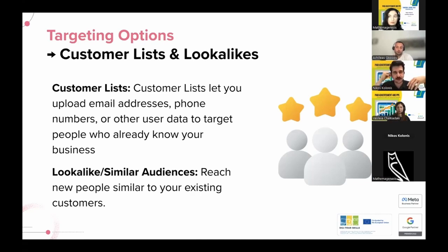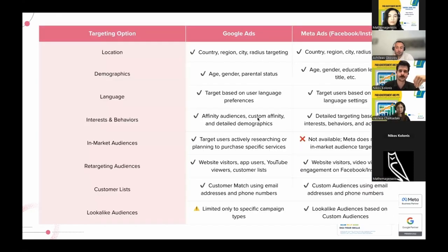And you can be as broad or as specific as you want about this. And Meta will usually do a very good job at finding other people that are similar to people that are already your customers. Lookalike audiences usually work very well in digital marketing.